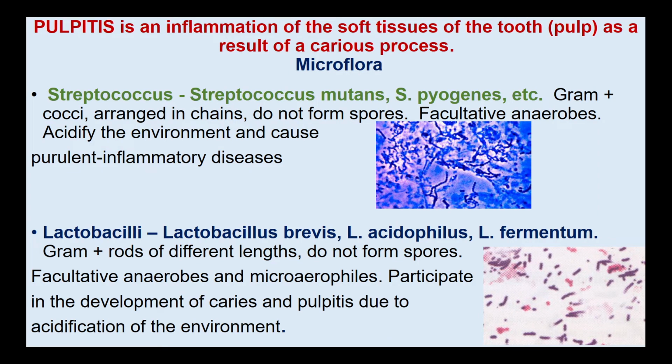The next bacteria are cariogenic bacteria, lactobacilli: Lactobacillus brevis, acidophilus, fermentum, gram-positive rods of different lengths, which do not form spores, facultative anaerobes or microaerophilic. Also they acidify and cause inflammatory diseases in the pulp. If caries is not treated, it spreads and causes pulpitis.